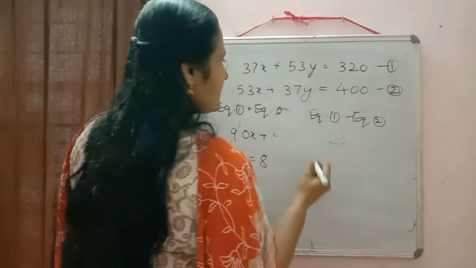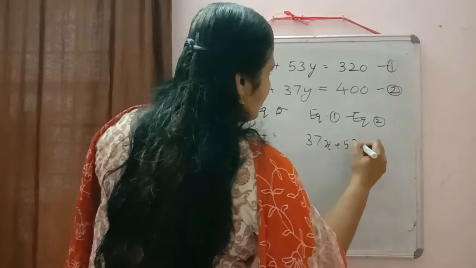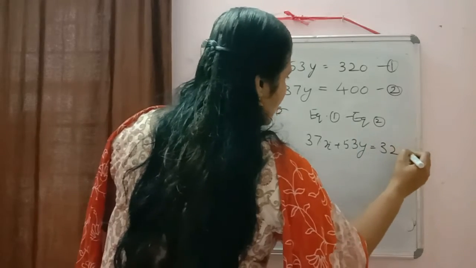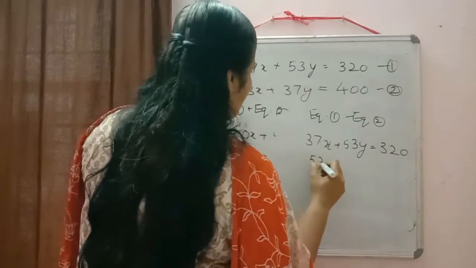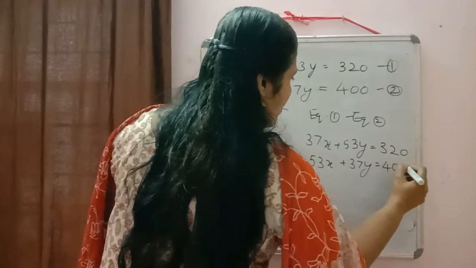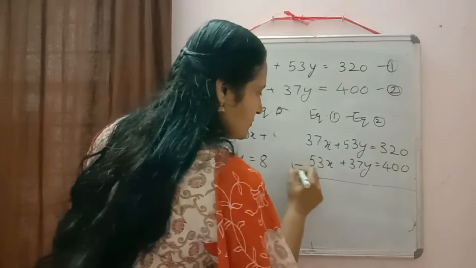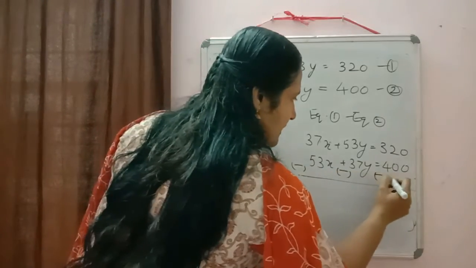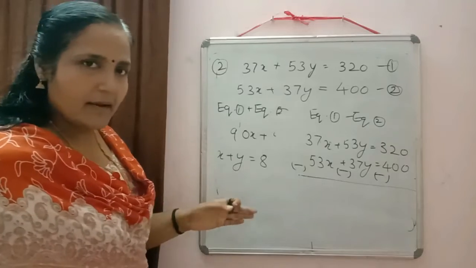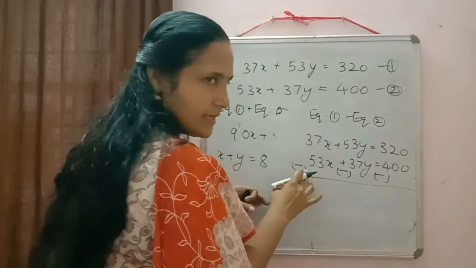Whenever you are doing the subtraction, write down there. 37x plus 53y is equal to 320. Second one is 53x plus 37y is equal to 400. Now what are we doing? We are doing subtraction, so the sign will change. Make all the expressions negative, or negative will become positive, positive will become negative. So 37 minus 53.